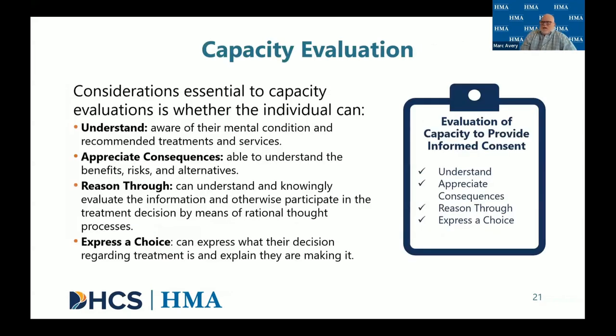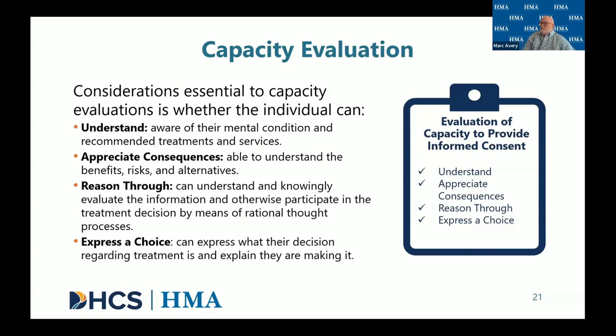So what does that mean? How can we document our assessment of the person's legal capacity to give informed consent regarding medication? Well, we recommend you walk through these 4 elements. First, assessing and documenting whether the person understands their mental condition, the recommended treatments and services, as well as alternatives if those are present.